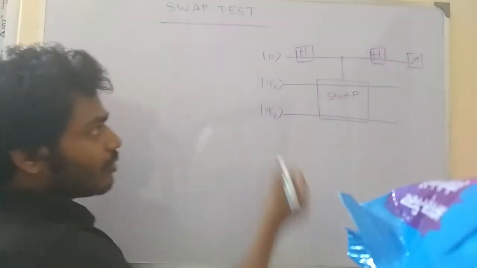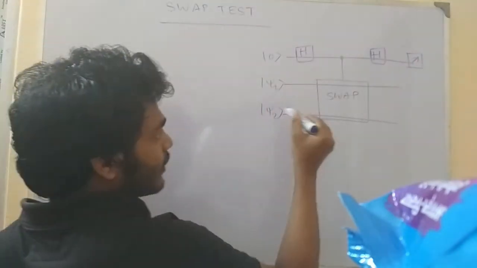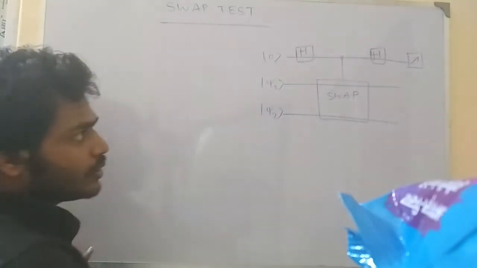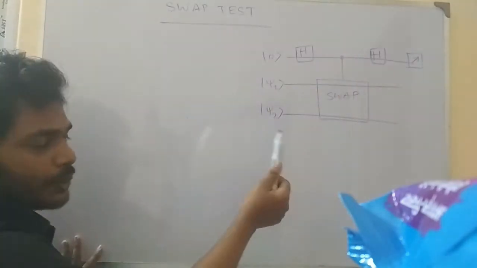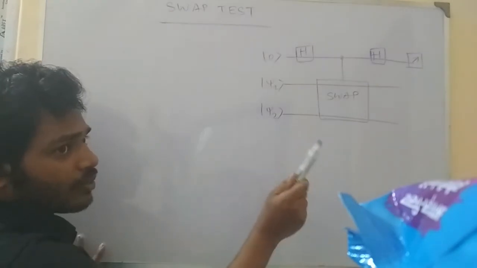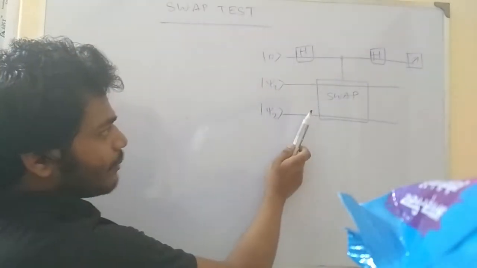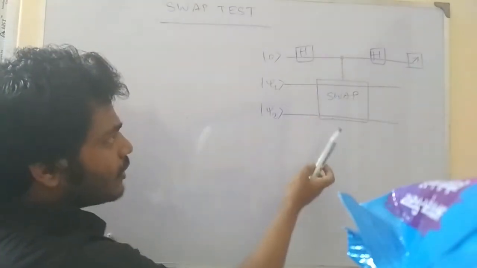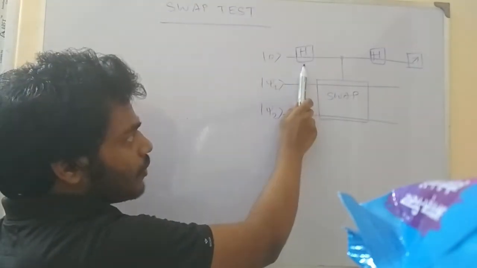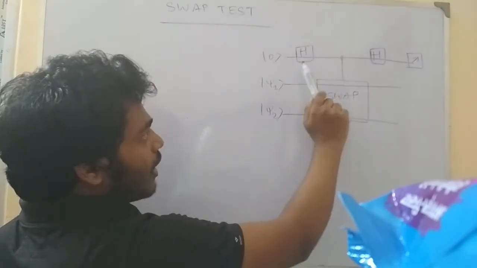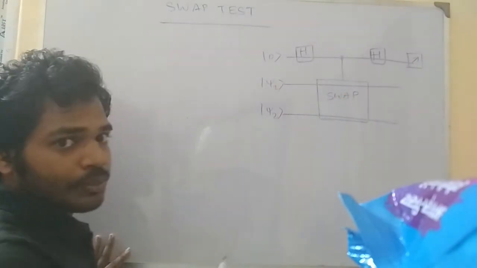So this circuit is called the swap test, and using this swap test we can observe how we can calculate the inner product between psi 1 and psi 2. Okay. So here let me define each of the operations. The first one is called the Hadamard operation, and the third one also is the Hadamard operation, which creates equal superposition states.